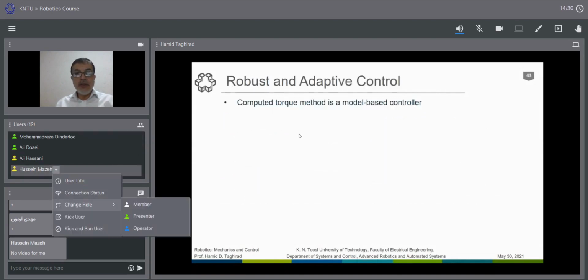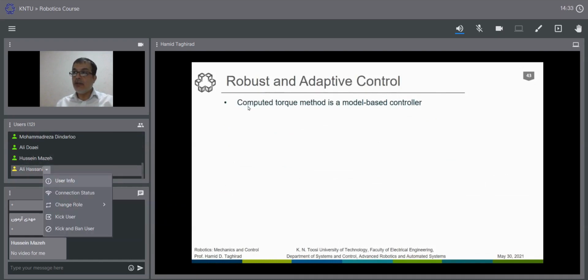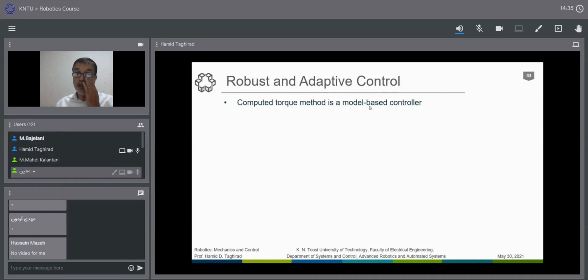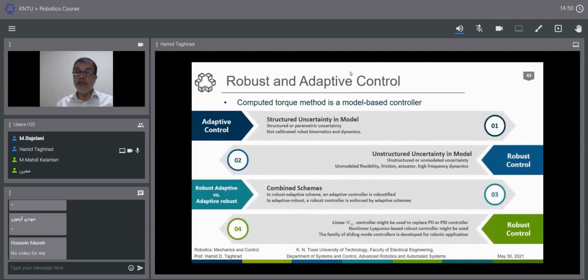So we noticed that the computed torque method is a model-based controller, and a model-based controller is very actively related to the model of the system. And we know that in practice we don't have the exact model of the system. Considering that we don't know the model of the system, there come many different methods to cope with the nonlinear dynamics.